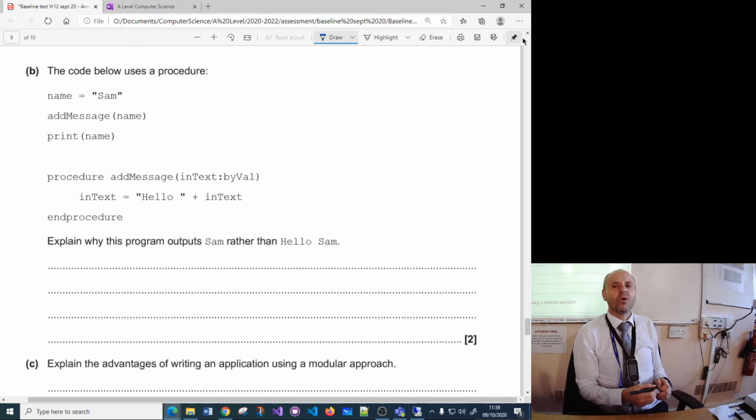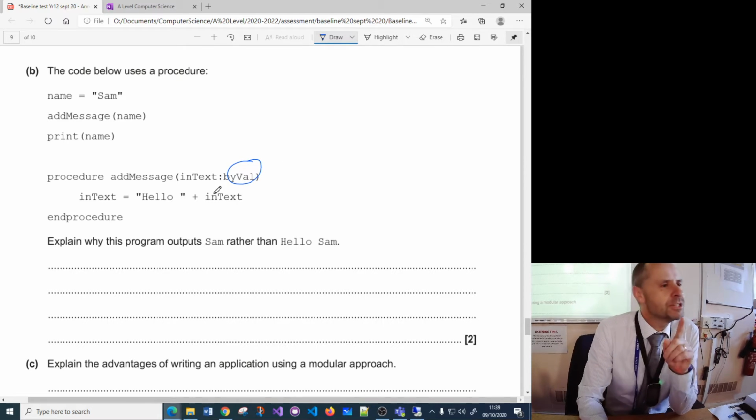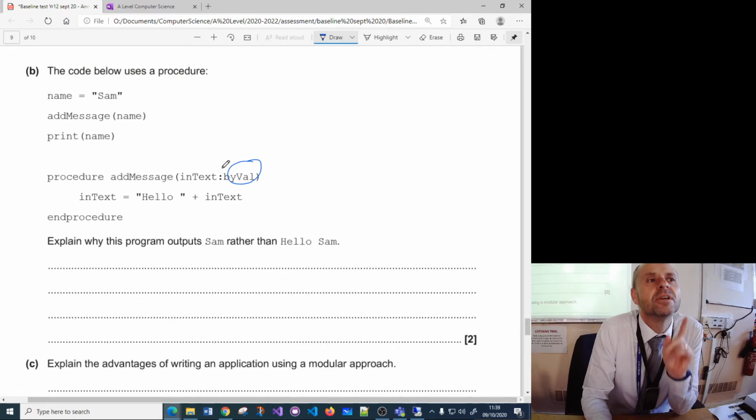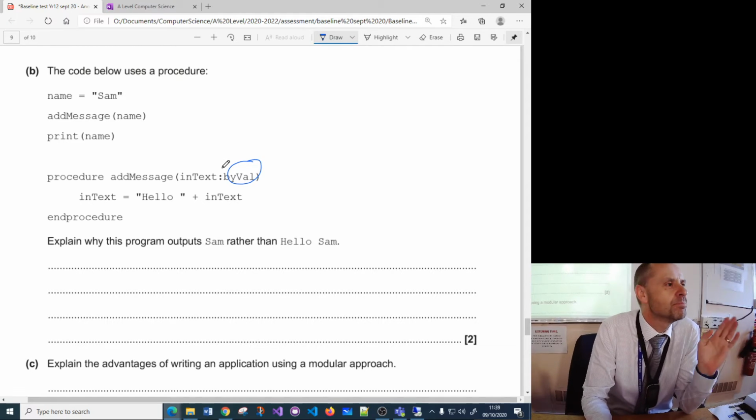Does anyone know what ByVal means? No. So that's the critical bit. This is a parameter. When we're writing modular programs, we pass data to our modules for them to work using parameters.